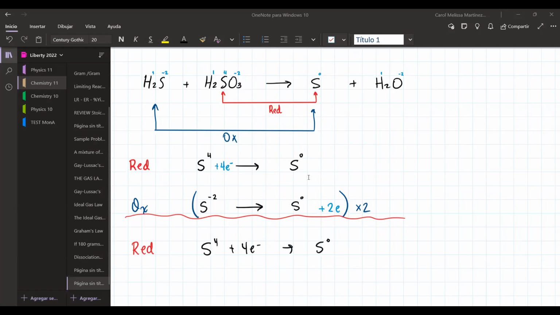And in oxidation, we have 2 times S, 2 sulfide, producing 2 pure sulfurs plus 4 electrons.